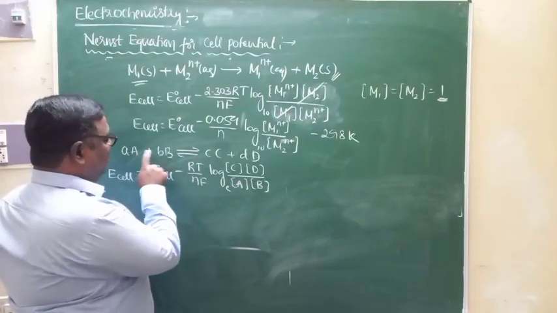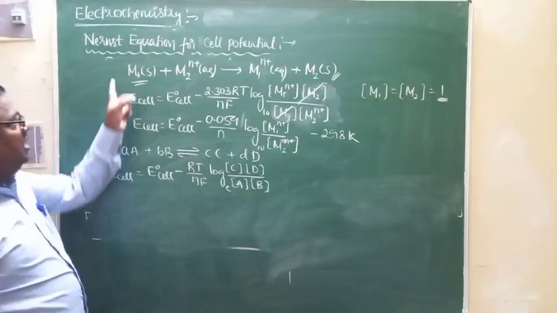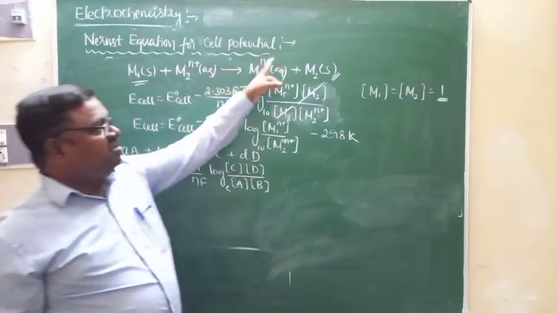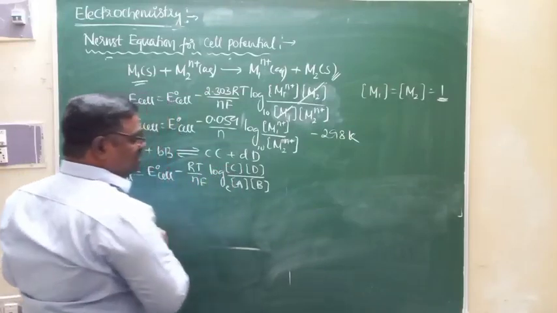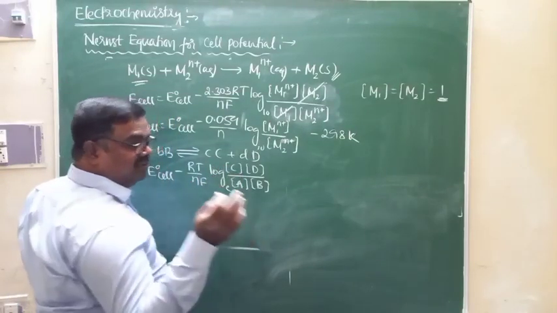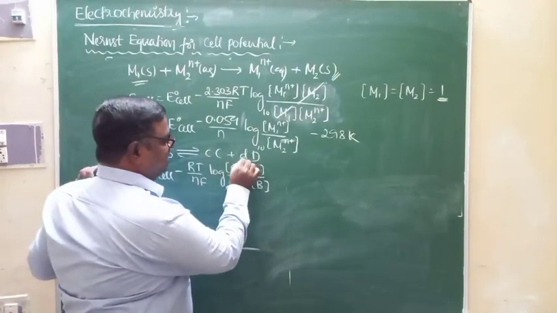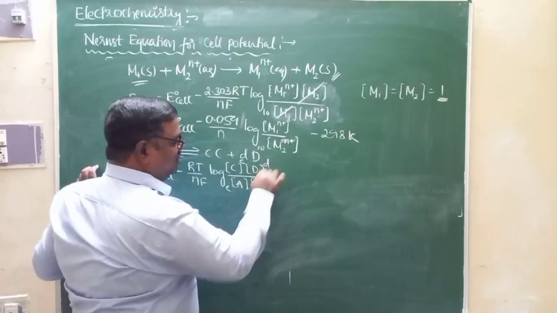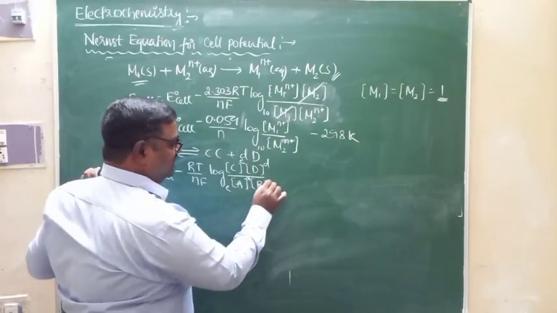Look at the coefficients of reactants and products, a, b, c, d. Here the coefficients were 1 and 1. As you discussed in the equilibrium chapter last year in first PUC, in the same way it is molar concentration of C to the power c, molar concentration of D to the power d, divided by molar concentration of A to the power a, molar concentration of B to the power b.